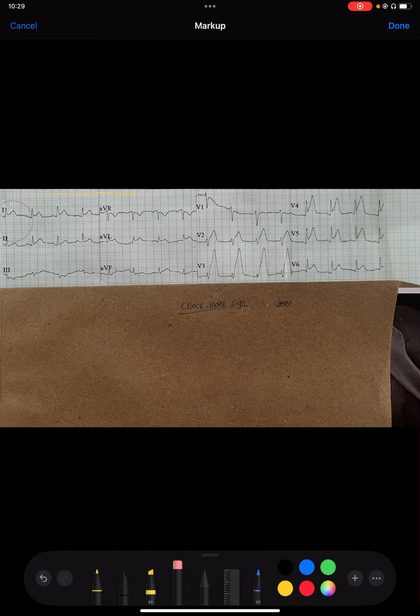And one of the most important ST elevation or acute MI findings is hyperacute T waves. Hyperacute T waves means usually we don't get very tall T waves. So wherever we get tall T waves, one of the most important things is hyperkalemia. I have told this so many times.